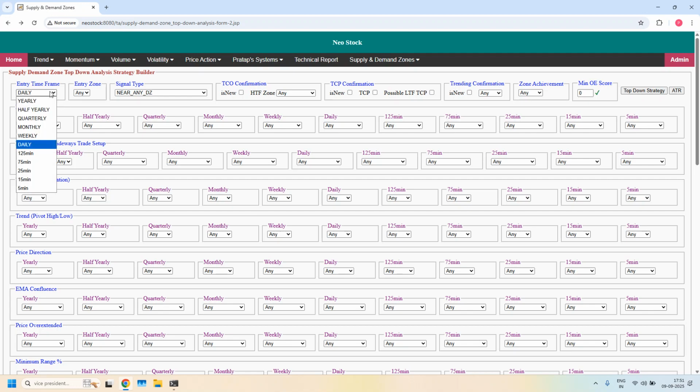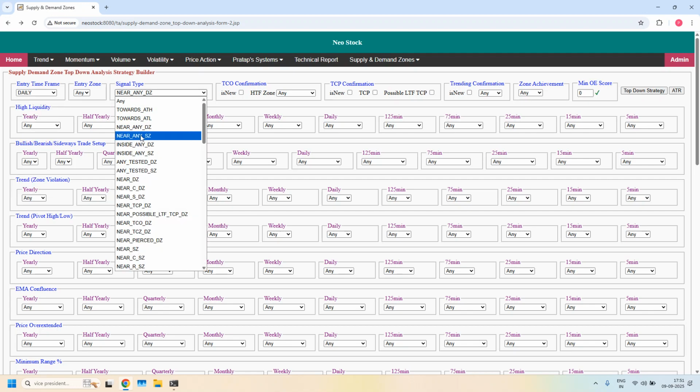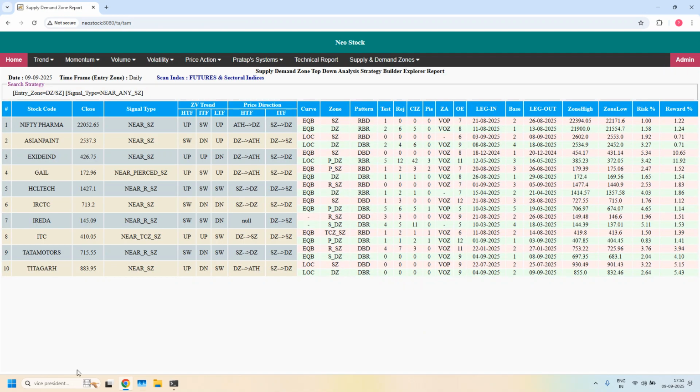Next, for daily time frame, stocks near to the daily supply zone, we got 10 stocks. Let us identify daily high liquidity supply zones from this list. HCL Technologies is having a daily high liquidity supply zone.